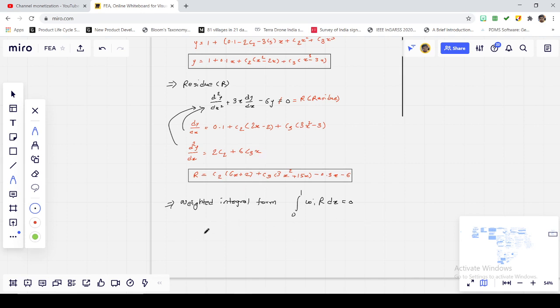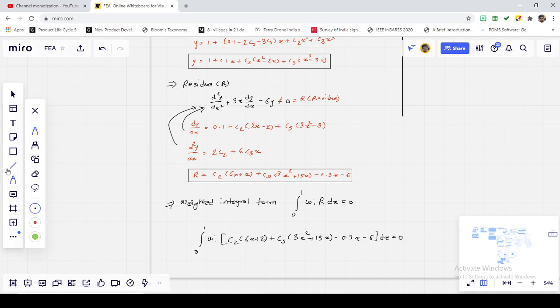So for this problem, the final equation of the weighted integral will be integration 0 to 1. I will substitute wi and I will substitute R, which is c2 into 6x plus 2 plus c3, 3x square plus 15x minus 0.3x minus 6 dx is equal to 0.